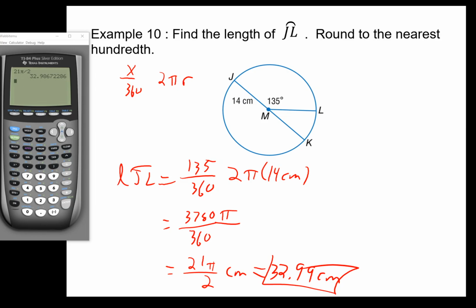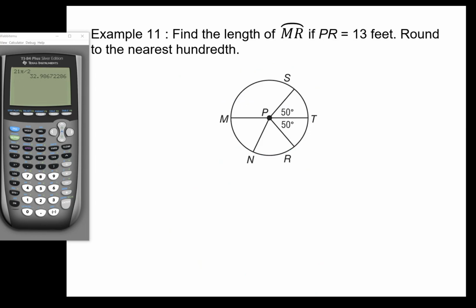Okay, example 11. Find the length of MR if PR is 13 feet. So PR is 13 feet. We want to find the length of arc MR. MR is this. So we've got to figure out exactly how long that thing is. Now, something else that I'm seeing here is a diameter of MT, which means I have 180 degrees there.